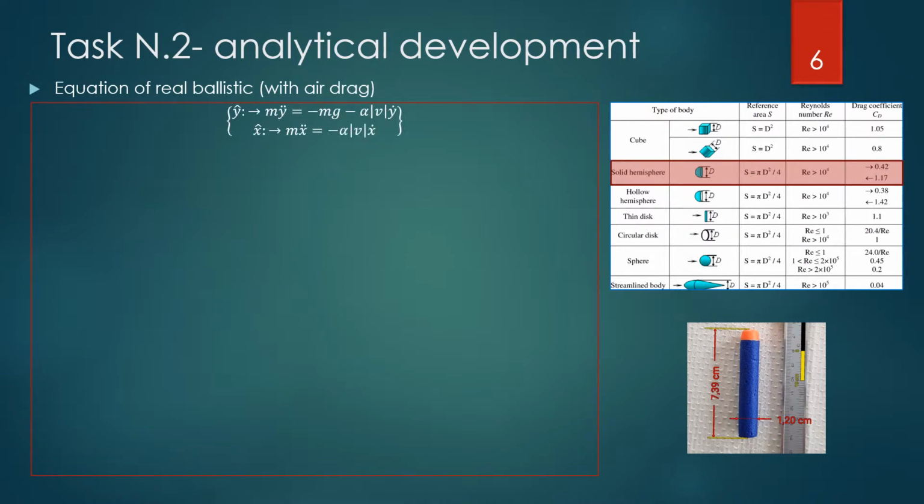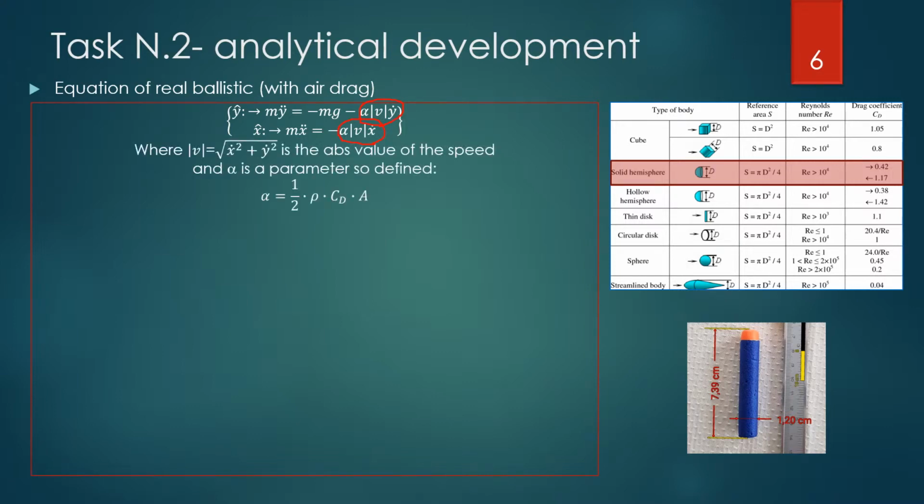Definitely, we want to change the previous equation, and we will add another term, which is the aerodynamic force for both axes. And this force is proportional to the square of the speed, and there is a coefficient in between, which is the aerodynamic coefficient, A, or alpha, proportional to the density of the air, the cross-section of the bullet, and there is a drag coefficient, which is also given by the literature.